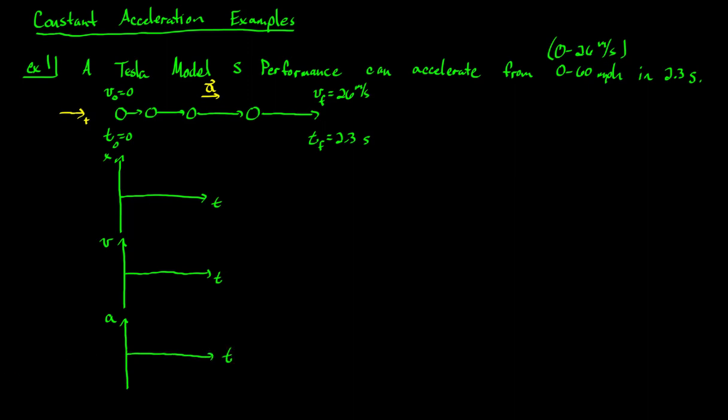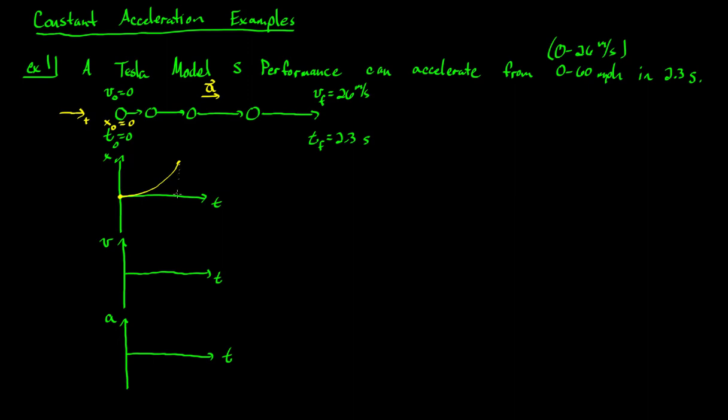Okay. So the position, it starts at a position of 0. I know I didn't put it there, but the initial position is 0. So we would start at 0, and then we know that it's accelerating, so we know that it's going to be getting faster and faster and faster. And so it would end up here.